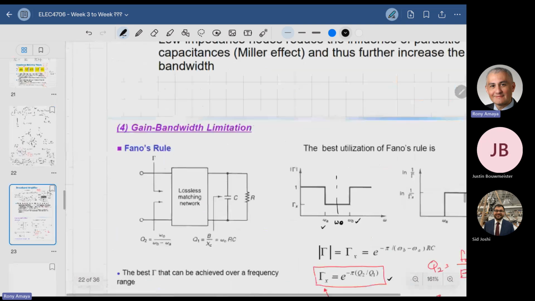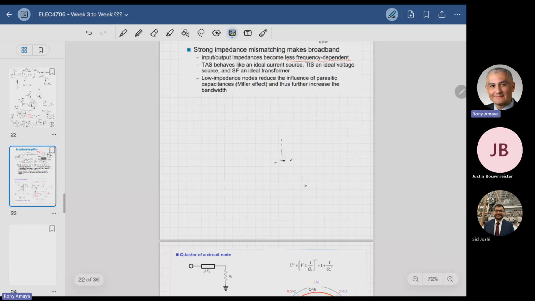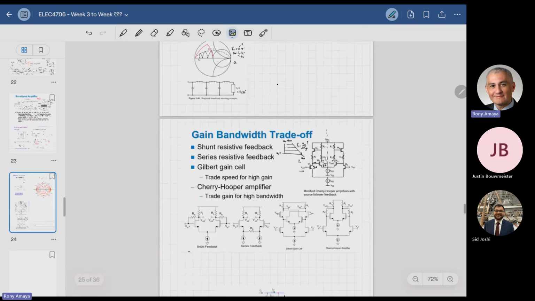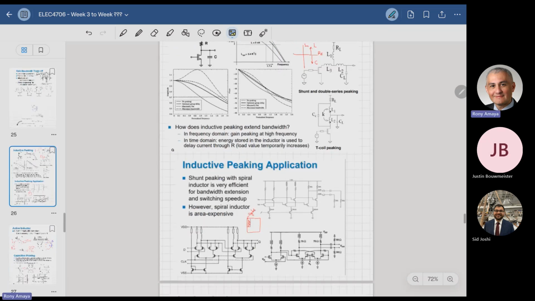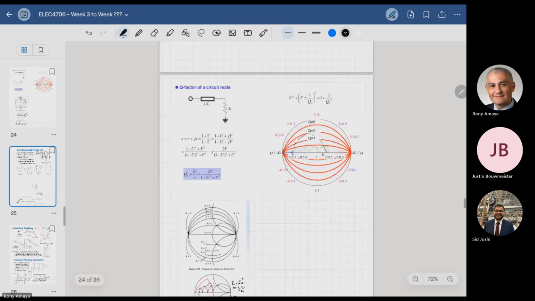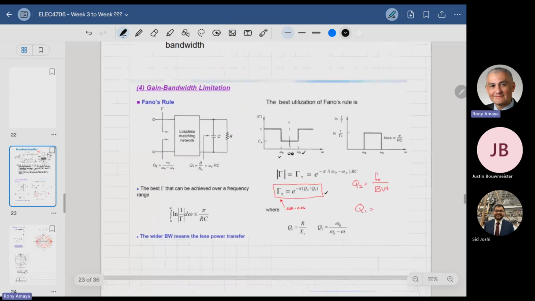And what Fano tells us is that this is not black magic. It really has to follow a limit. Oops. Did I cancel something here? What did I do? Oh, here. Okay. Very dangerous to have editing on this thing.